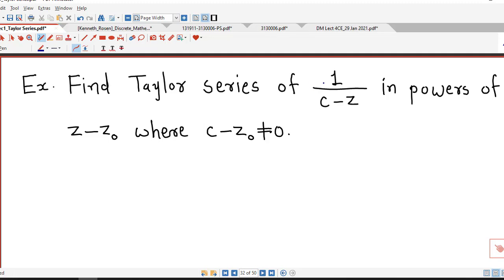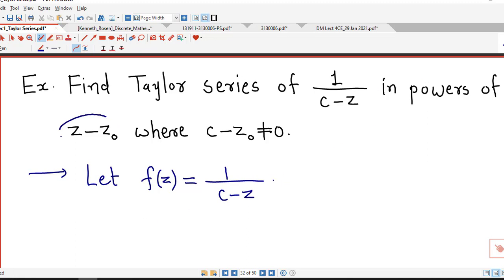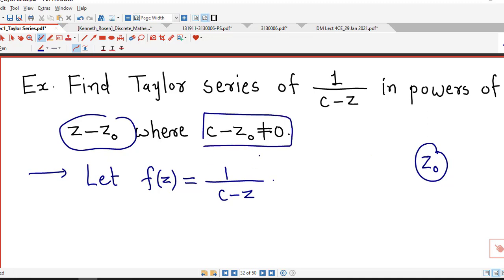Here we are asked to find out the Taylor series of this function f of z equal to 1 divided by c minus z in powers of z minus z0. That means the center of the Taylor series is z0, and it is given that c minus z0 is not equal to 0.